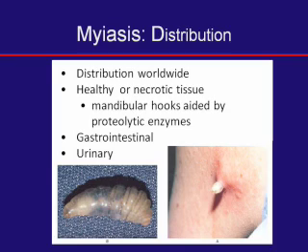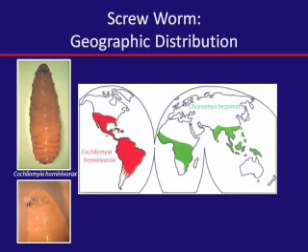So one of the important things to do is to properly dress and cover open wounds so that they are not infected. These grubs have mandibular hooks that allow them to proteolytically digest tissue. They can occasionally have gastrointestinal or urinary involvement.